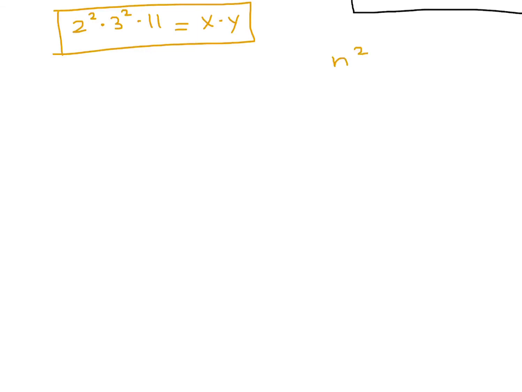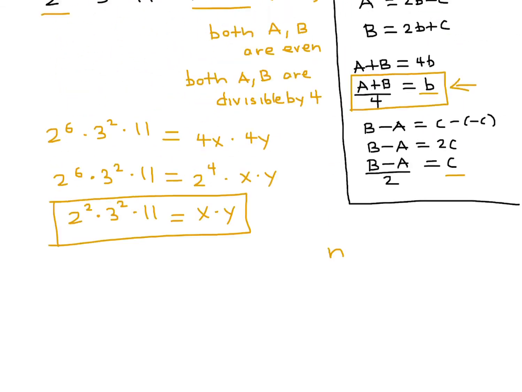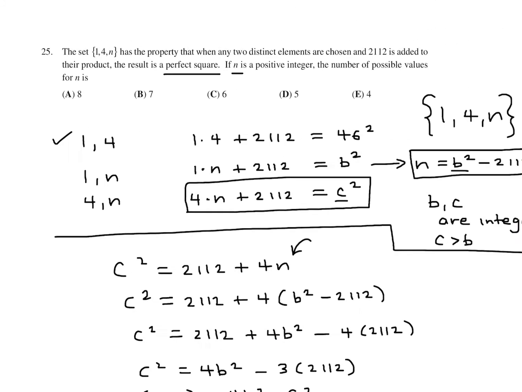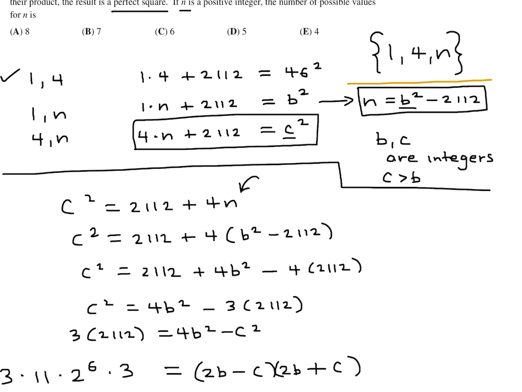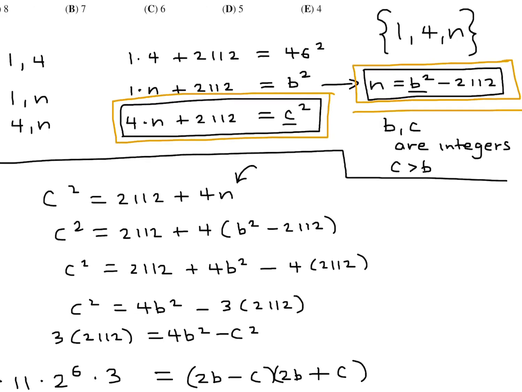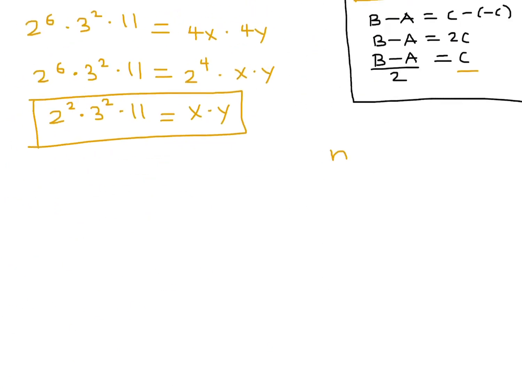Now remember, n is what we're trying to figure out. And n we had earlier a couple forms right here, right? We had one form where n was b squared minus 2112, and we had 4n plus 2112 is equal to c squared. So we can use either of these. I'll use this one here. It looks simpler. B squared minus 2112.